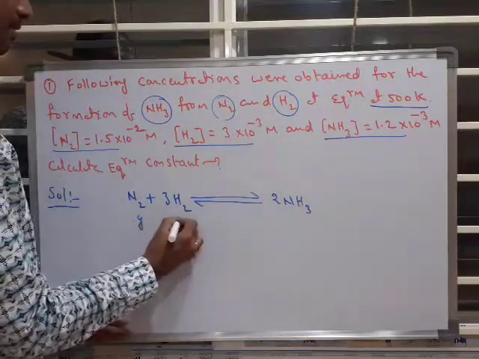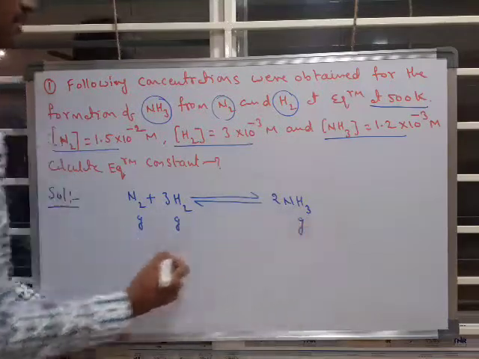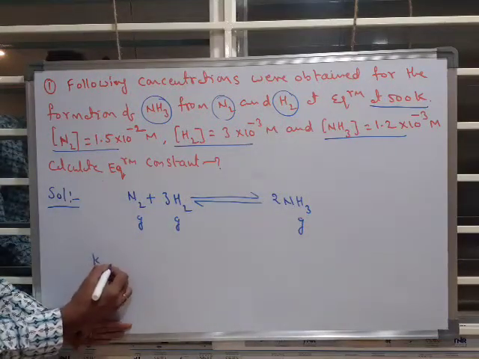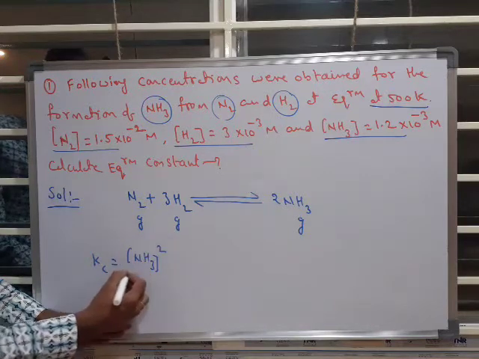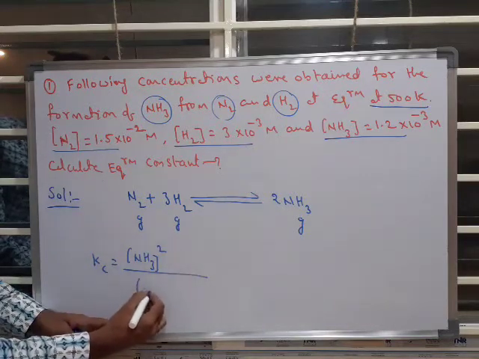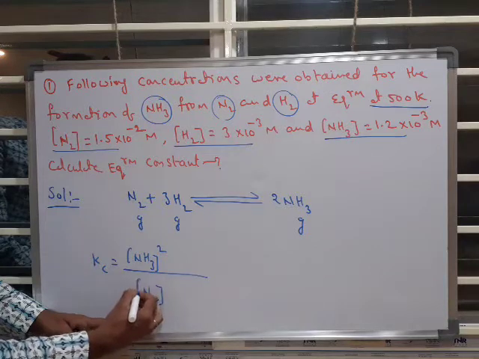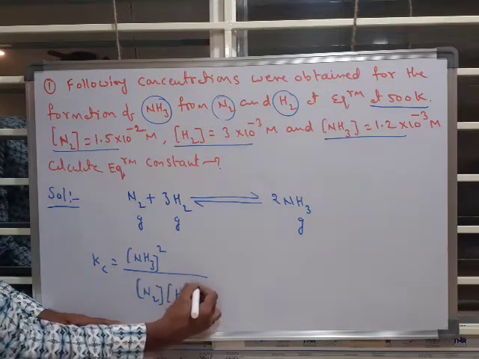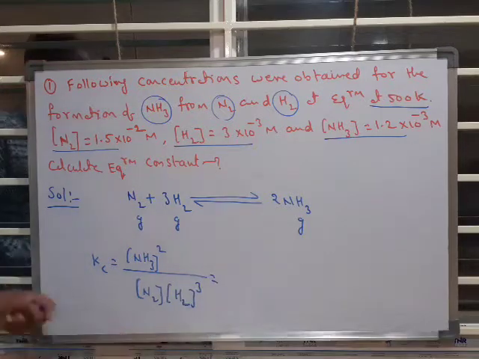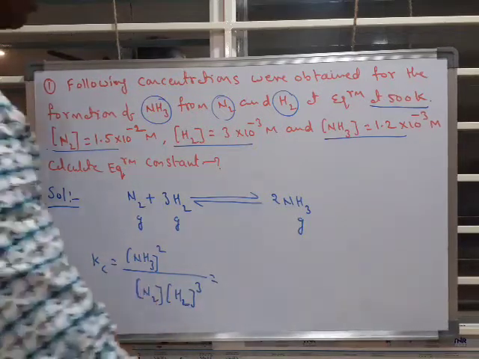So it's a gas, it's a gas. So what is the Kc? NH3 concentration square by N2 concentration, H2 concentration cube. Okay, just substitute the values and calculate.